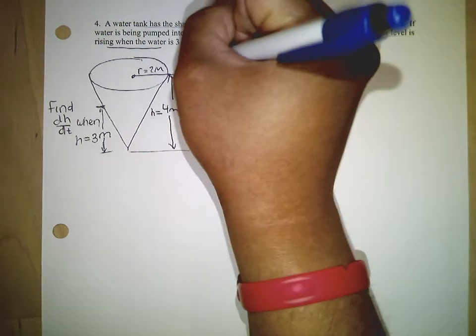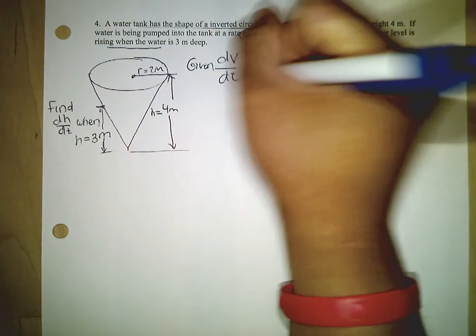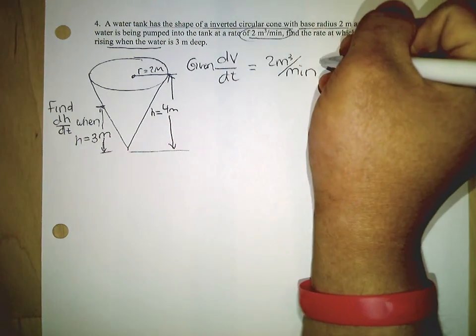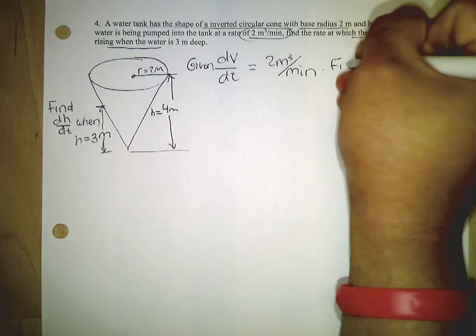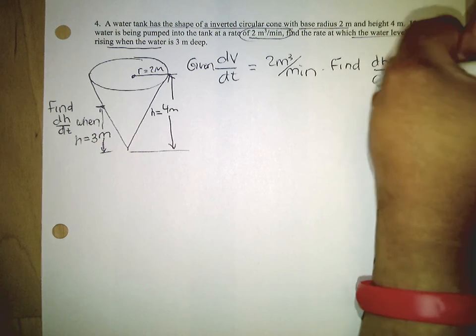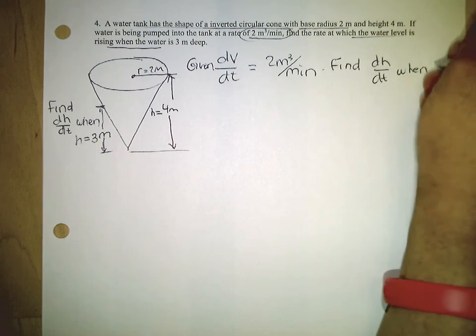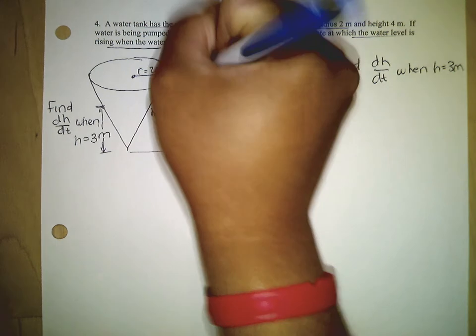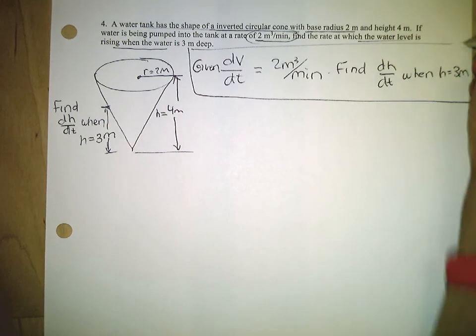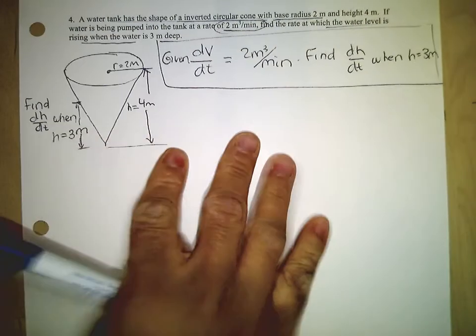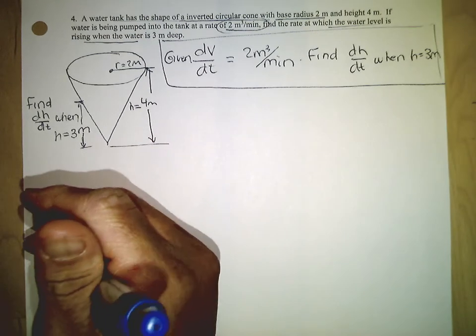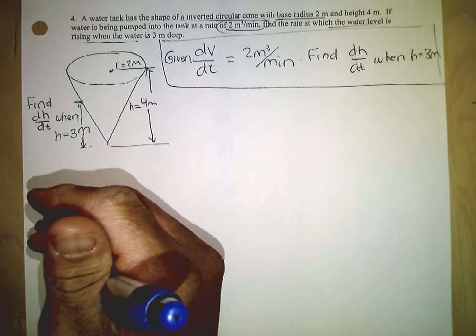So we're given that dV/dt is 2 meters cubed per minute. So we want to find dh/dt when h is 3 meters. Keep in mind that this is a very similar problem to all the other ones, but we had to decipher what the words were saying ourselves.